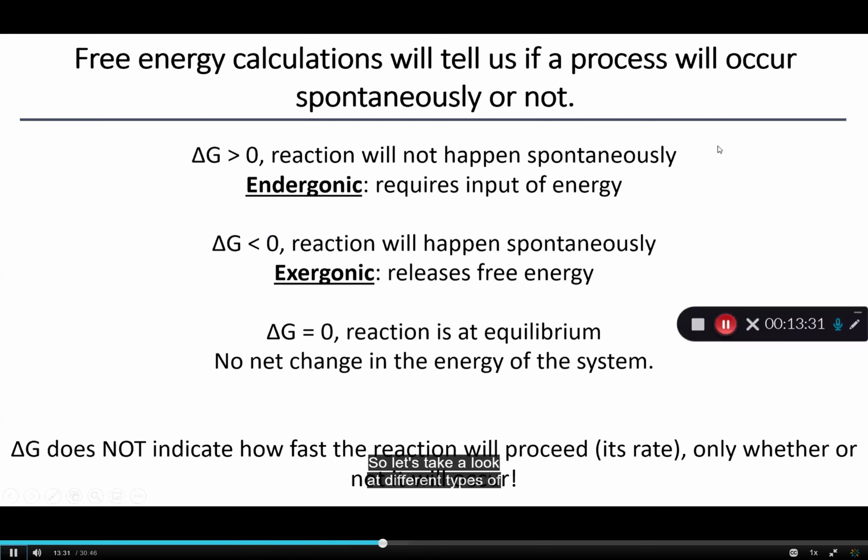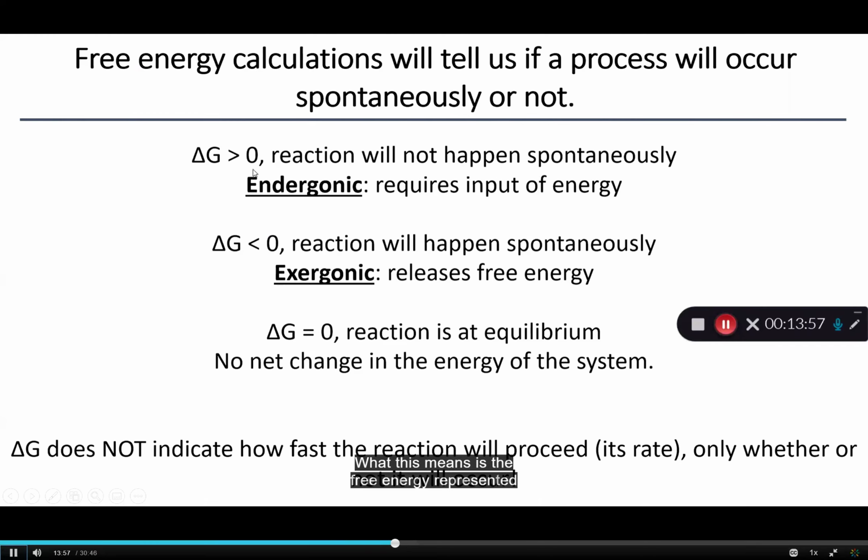Okay, so let's take a look at different types of delta Gs and how that relates to biochemical reactions. So free energy calculations will tell us whether or not a process occurs spontaneously by looking at the different values that I had just mentioned before. So if delta G is greater than 0, so a positive number, the reaction cannot happen spontaneously on its own.